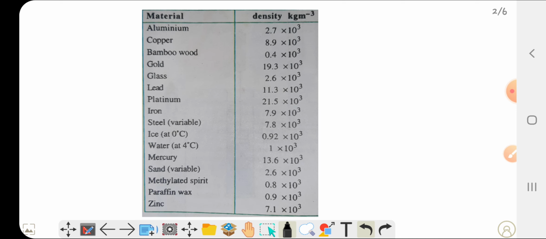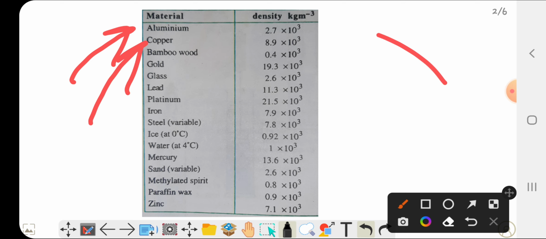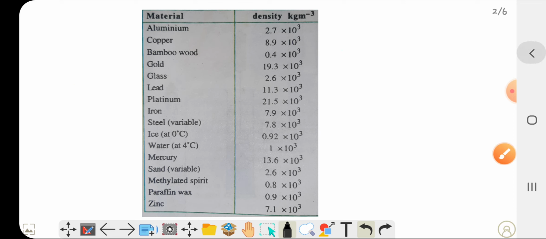So here we have some materials and their densities. The first one here is aluminium, we have copper, and we have their respective densities written here. But let's focus our attention on aluminium and see how we can get the relative density of aluminium.